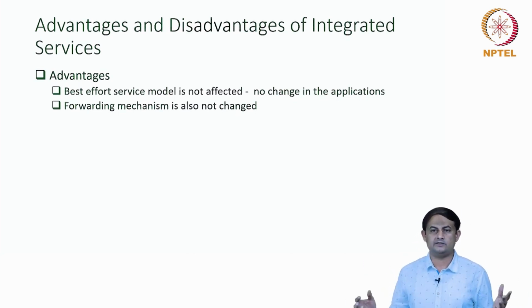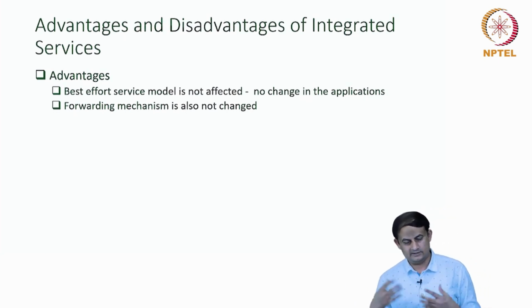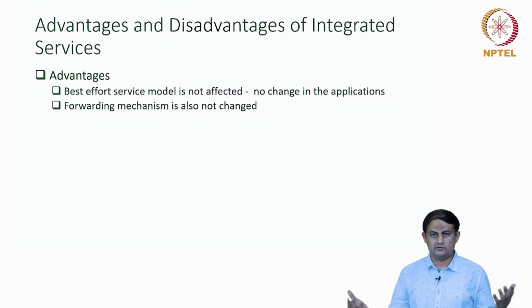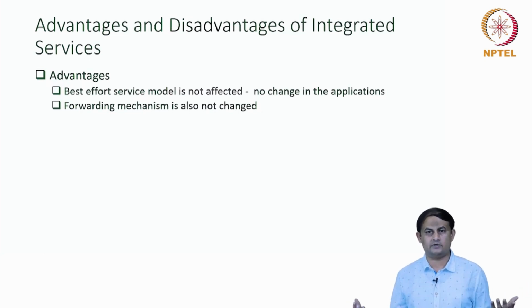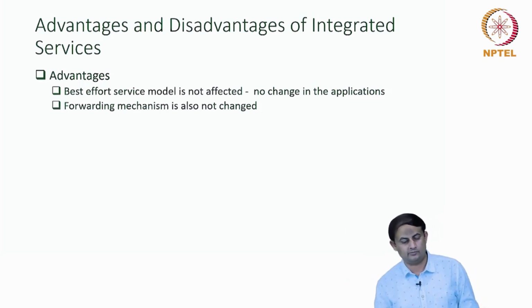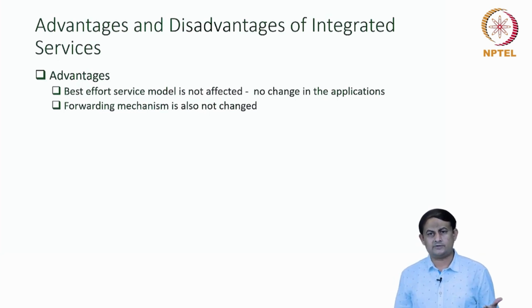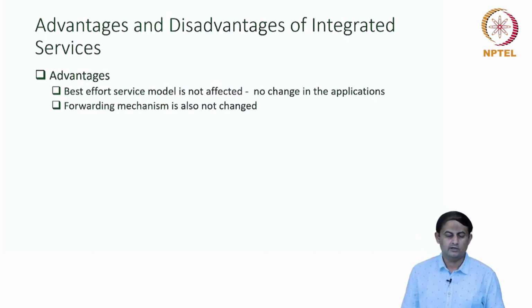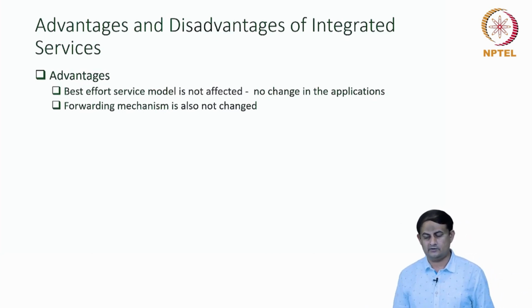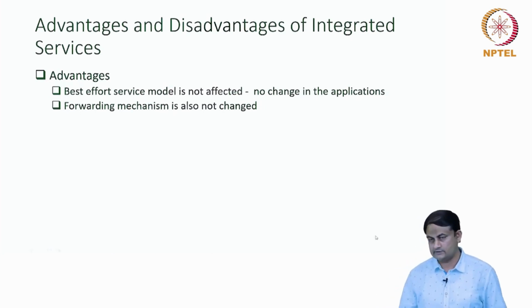So no change is required to provide this kind of service model on top of TCP/IP. There are no changes happening inside your router to provide the service. To meet the requirements of the other two classes, you need to bring in a few changes. But for best effort service, you don't have to change anything inside the router. The forwarding information base, the way the control plane works, the way the data plane works, none of them will be changed. So that is the advantage that you get.